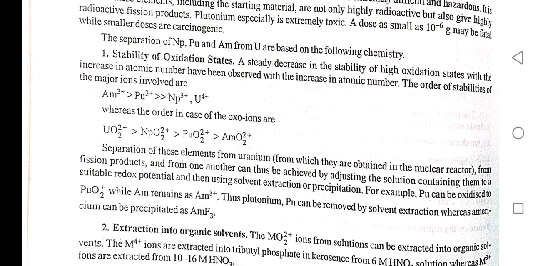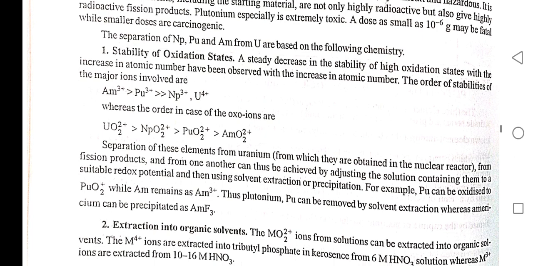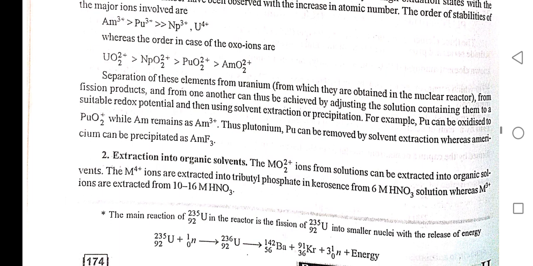Separation of these elements from uranium, from fission products, and from one another can thus be achieved by adjusting the solution containing them to a suitable redox potential and then using solvent extraction or precipitation.